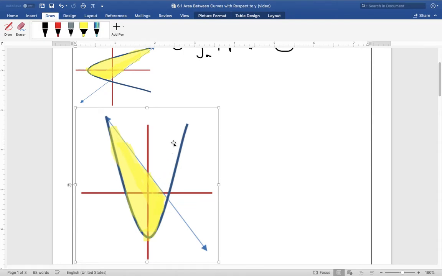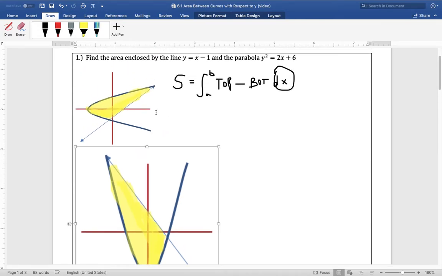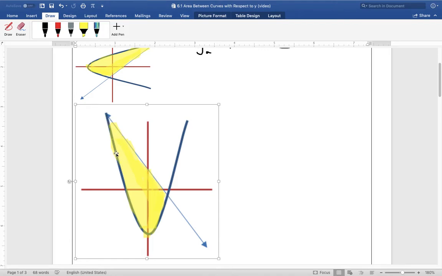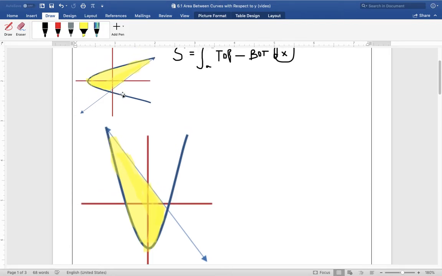So really, when you're dealing with respect to y, because again, we're going to integrate this with respect to the y-axis, it's actually right minus left. So either top minus bottom if you're doing with respect to the x-axis, the top function minus the bottom function, or if you're doing with respect to the y-axis, it's right minus left, which you can see here when we rotate it, it's still top minus bottom, but the top function is the linear. Back in our original graph here, you could see the linear is on the right.